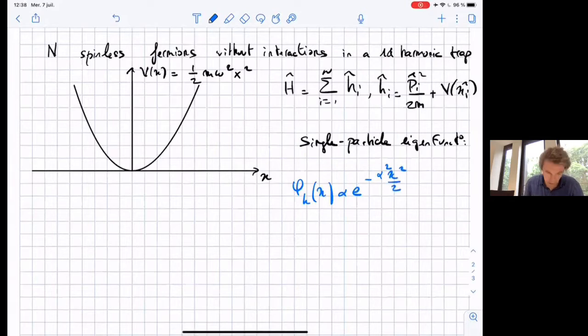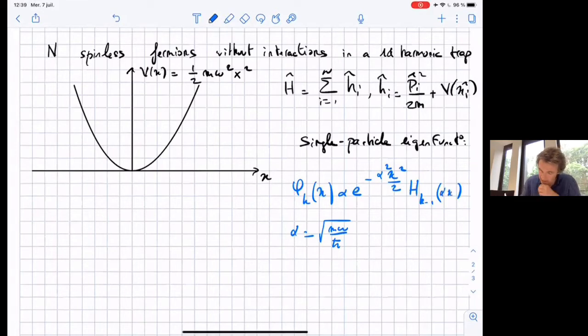So I need to define what alpha is. Alpha is proportional to the inverse of a length associated to the trapping potential. And the non-trivial part is that this is the product of this Gaussian times a Hermite polynomial of alpha x. Okay.